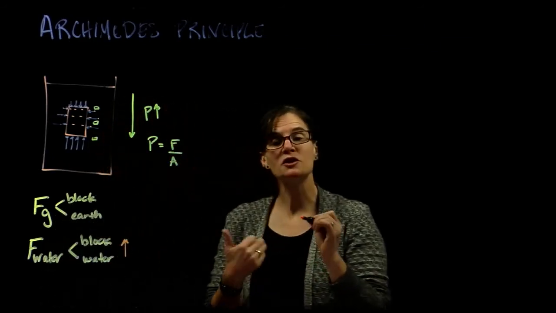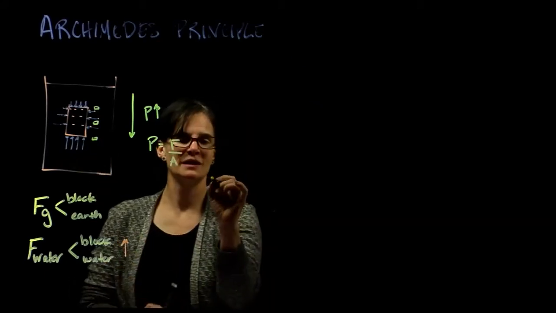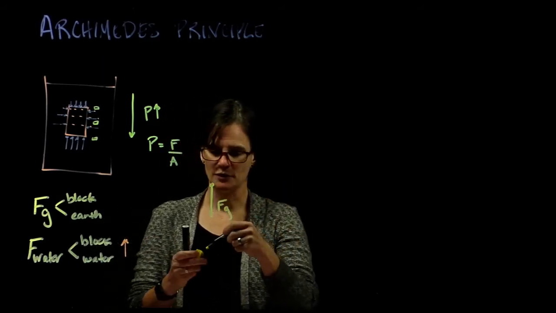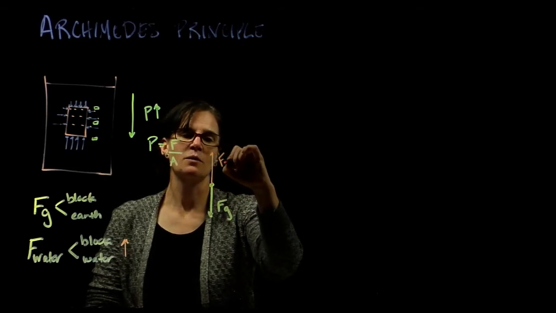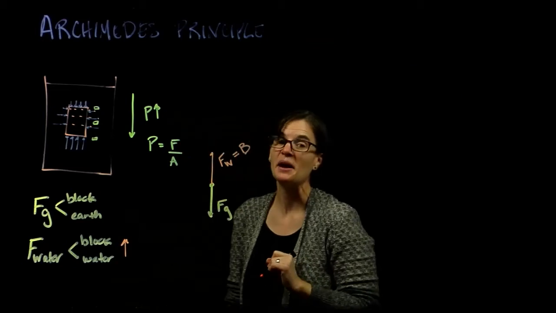So if I was going to draw a free body diagram of this block in the water, I would see that I have the force of gravity in the downward direction and the force of the water, which we call a buoyant force, B, in the upward direction.